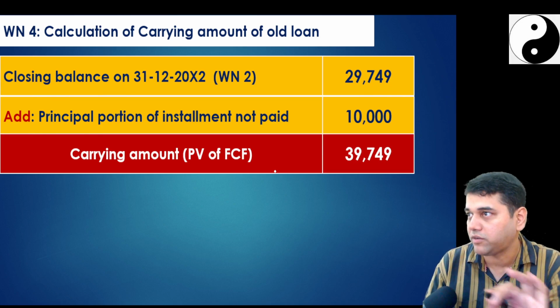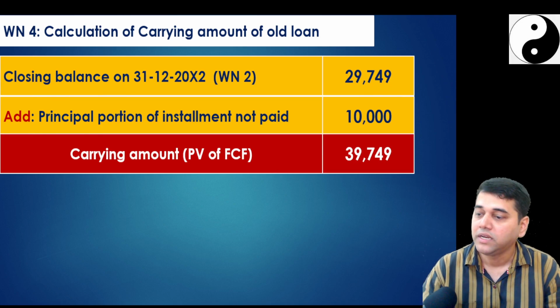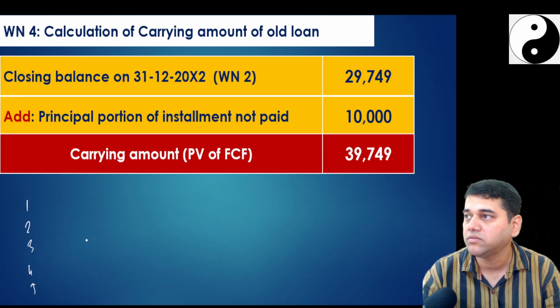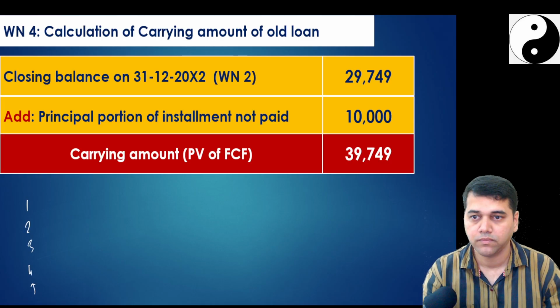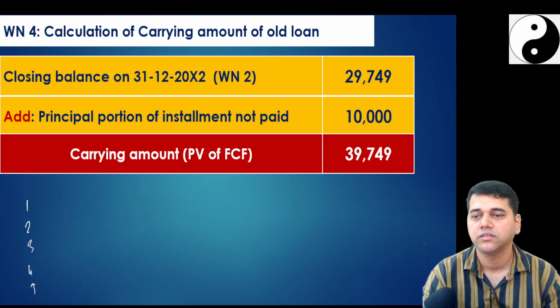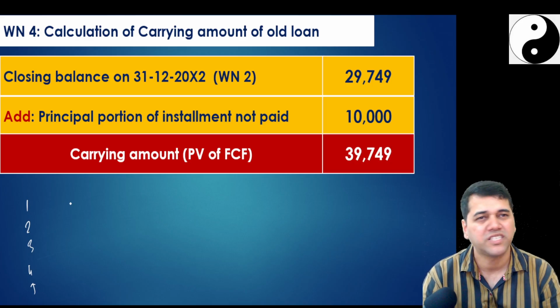Alternatively, if you really want to work it out, can you tell me how many cash flows there are? See, you are into 1, 2, 3, 4, 5. What is my third year cash flow as per the old term? First year you have paid.